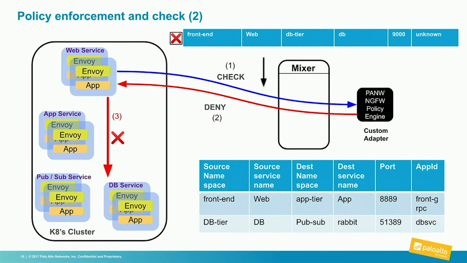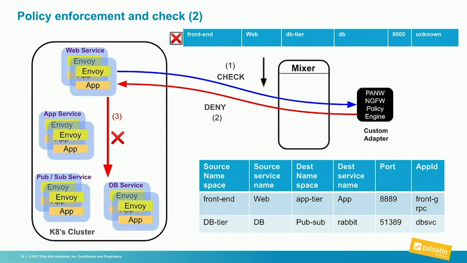Consequently, you know where the next slide is going. Let's say that your web service gets exploited, and there is a vulnerability, and somebody has been able to attack that particular application or container. So suddenly, you have your web service trying to access your DB tier, which is arguably unsanctioned because only the application service can access your DB tier. This is where your critical data resides. So this is unsanctioned.